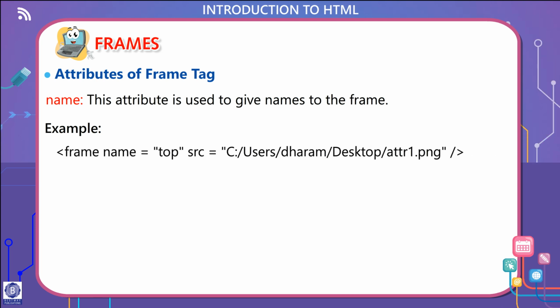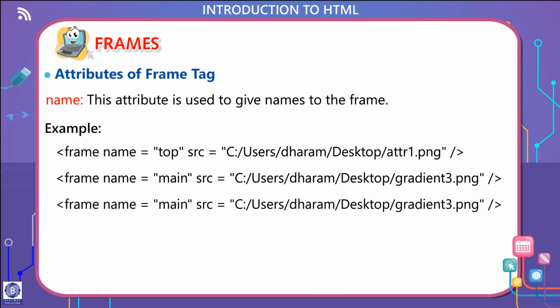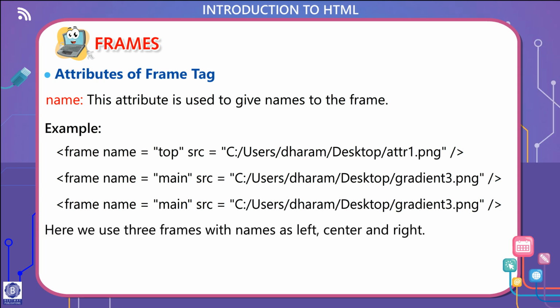For example, frame name="top" src="c:/users/dharam/desktop/attr1.png" /, frame name="main" src="c:/users/dharam/desktop/gradient3.png" /, frame name="bottom" src="c:/users/dharam/desktop/col_last.png" /. Here we use 3 frames with names as left, center and right.